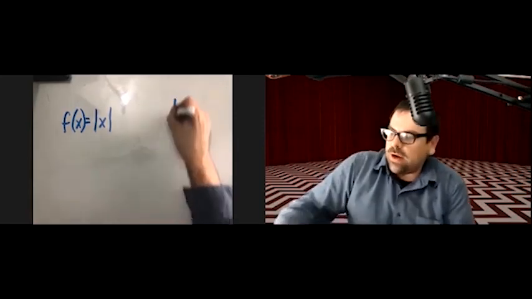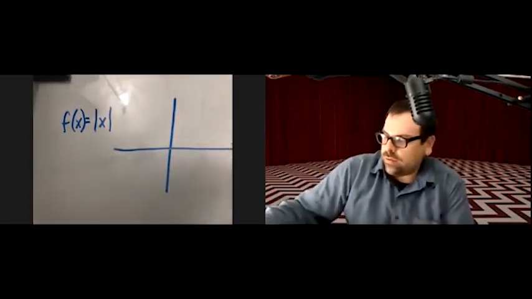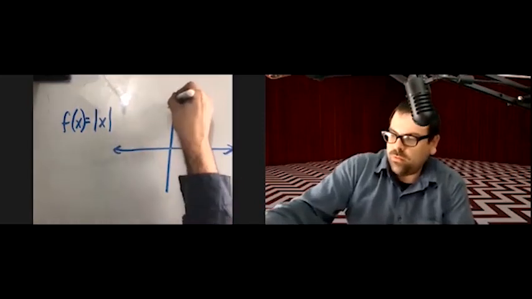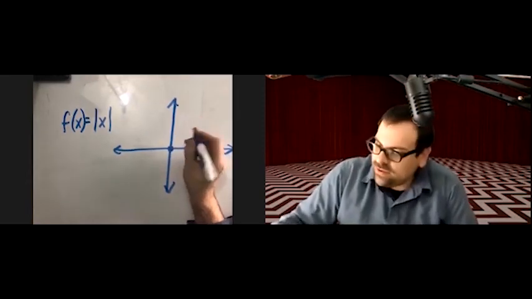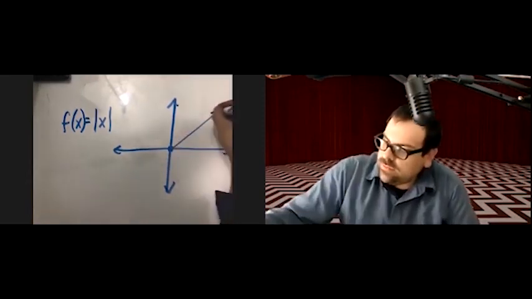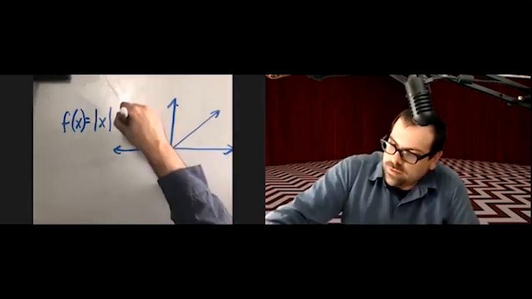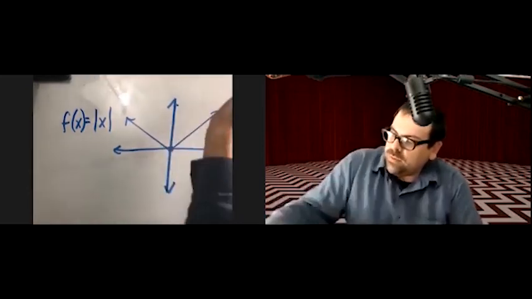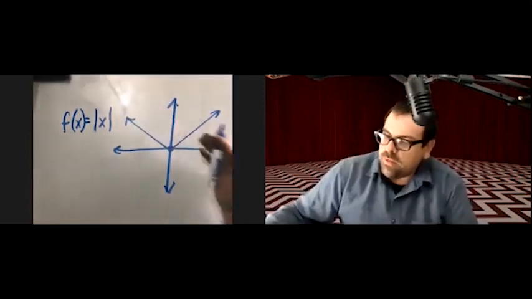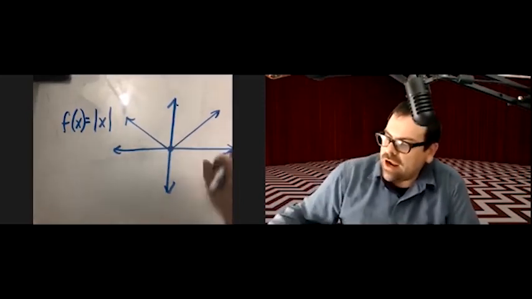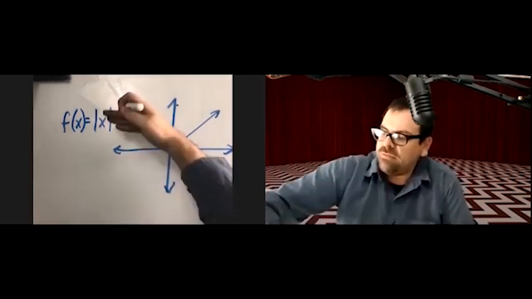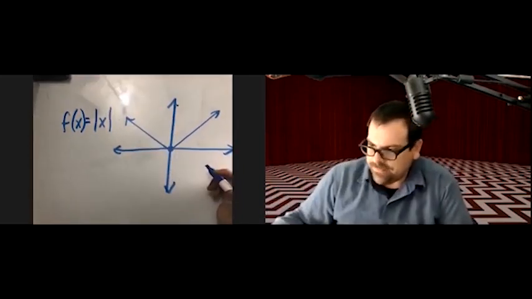We know that that graph, from what we did last time, is an absolute value V, where it goes up 1 over 1 in both upward directions. It's basically the identity graph here and then the identity graph flipped upward there.